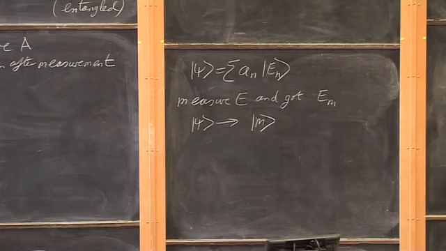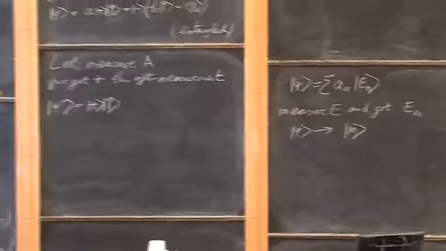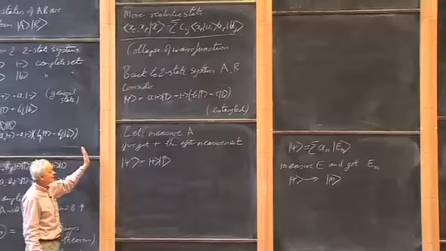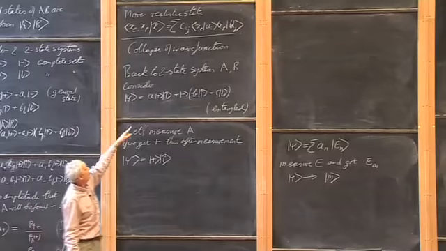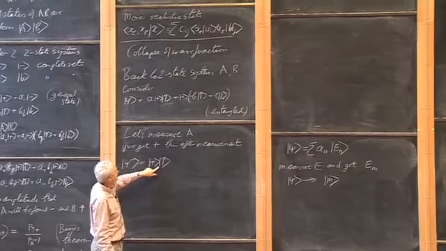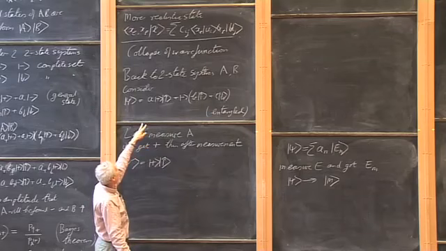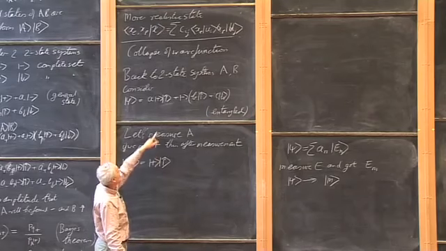I'm stating that in this more complicated scenario, where we have a composite system, we measure only one of the subsystems, we get a certain answer, it goes to that state, which is consistent with what we had over there, because we found the answer plus, so we threw away everything times minus.